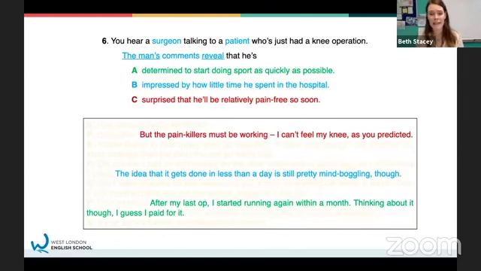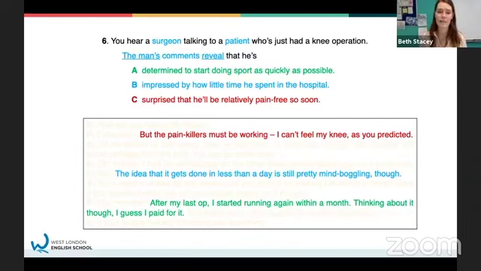But then we have that next sentence. Thinking about it though, I guess I paid for it. Now, if you pay for something, it means that there were disadvantages. So possibly he started running again within the month, but then his knee started hurting. So this is what we mean by he paid for it. There were no advantages to it.